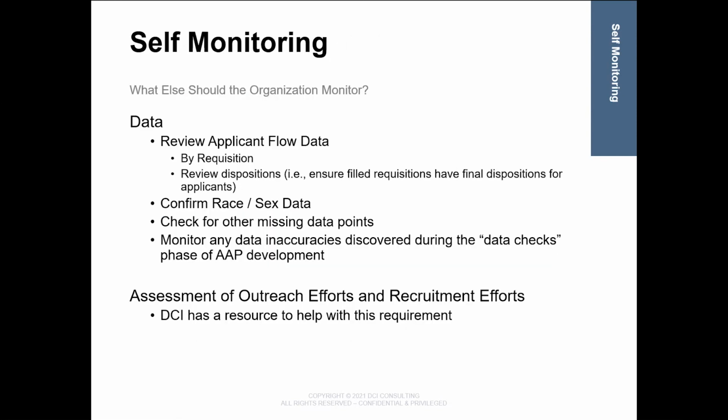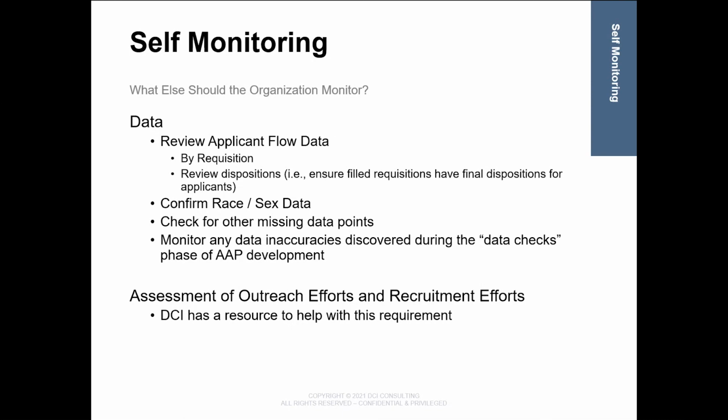So, as you engage in self monitoring, there are some key areas that the organization should verify. The biggest piece is making sure your data is accurate and complete. Consider reviewing applicant flow data by requisition. For example, review dispositions on all requisitions filled since the last self monitoring period to ensure filled requisitions have final dispositions for all applicants. Confirm that you have proper race and sex data for all hires.